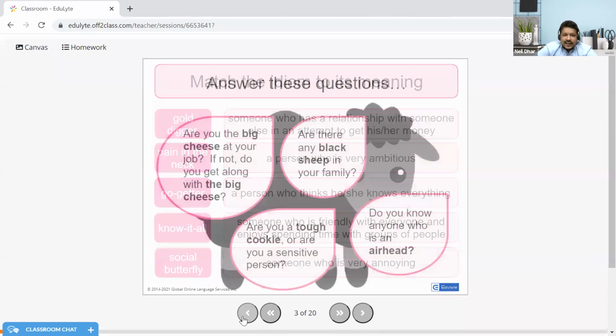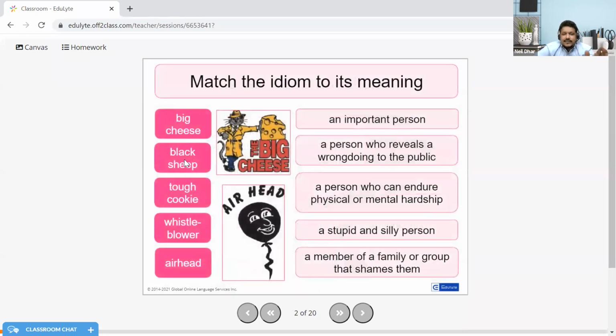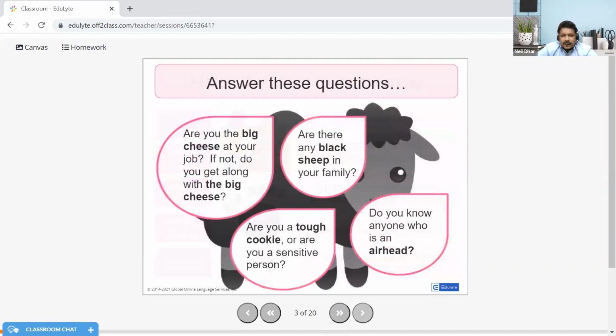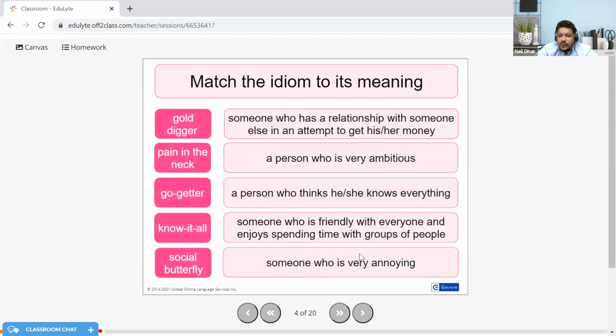Moving back to the slide, again, big cheese, black sheep, tough cookie, whistleblower, airhead. These idioms are all used to describe human beings. Let's try and find out which ones would match. Okay, the options that we have on the right are: someone who has a relationship with someone else in an attempt to get his or her money.